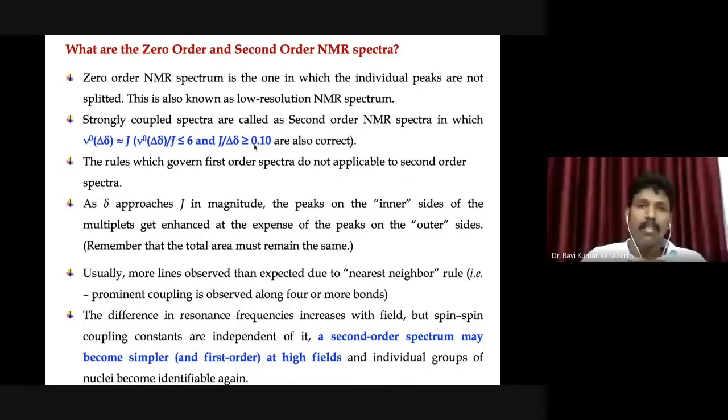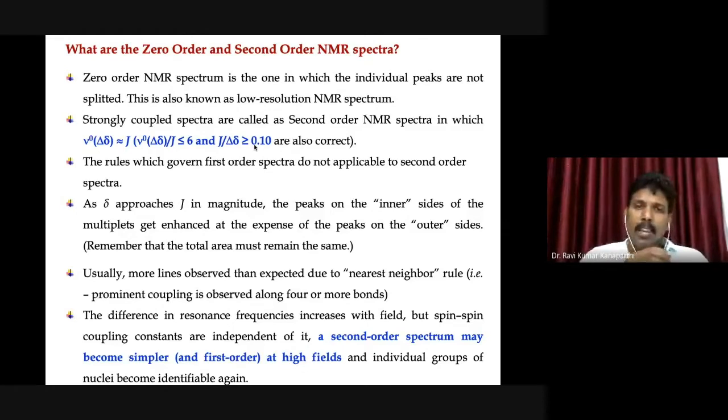The rules that govern a first order spectrum do not apply here. A first order spectrum follows the n+1 rule, where n is the number of non-equivalent protons on the adjacent atom. That rule will not apply here; it will show something else.